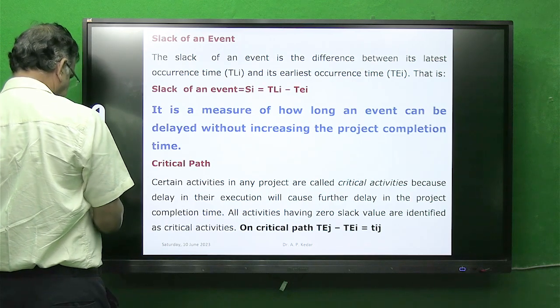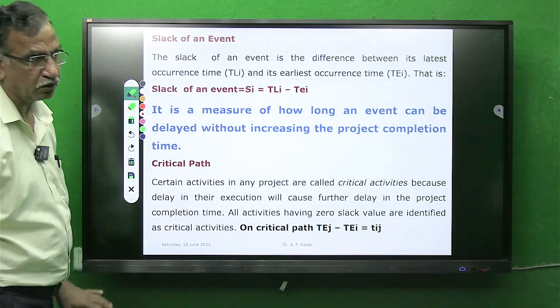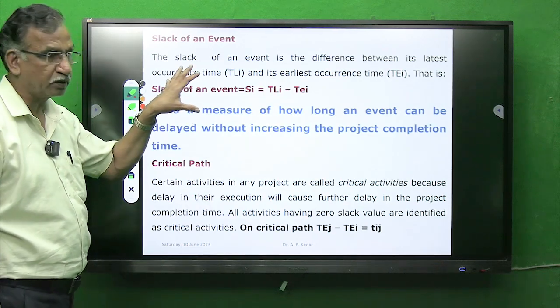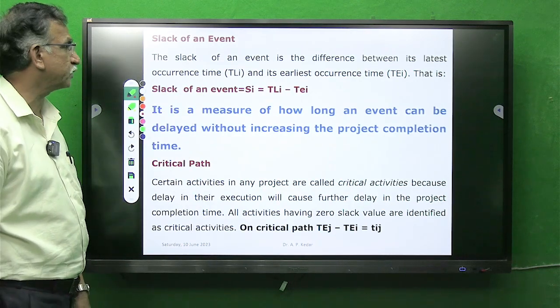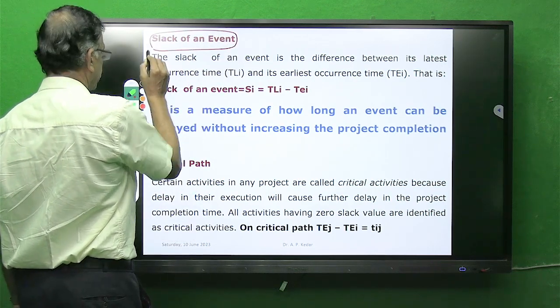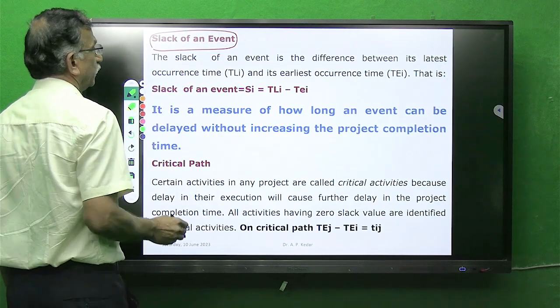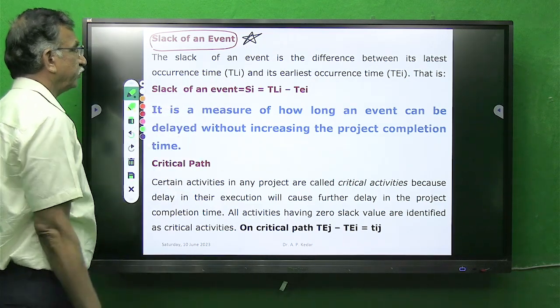Slack. First, we will study all terminologies and all variables required, and then we will switch over to a problem, which will be easy for understanding. Now, slack for an event is a very important term in network management and project management.